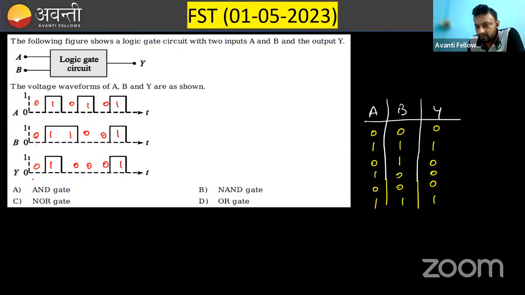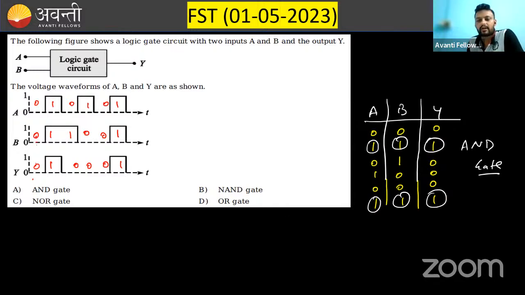Whenever any one input is 0, the output is also 0. That means this represents an AND gate. Output will be high only when both the inputs are high. So you can clearly see that this is an AND gate.